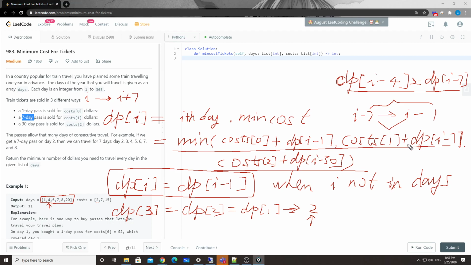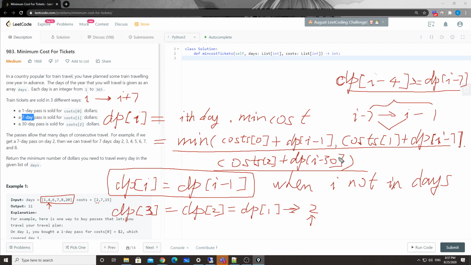So we don't have to consider I minus 4 or I minus 3 or I minus 2, since we're calculating the minimum value. That's why we only need to use DP I minus 7. There is a little bit of a greedy concept here. We're trying to get the bare minimum tickets that can cover the current I stay, for the daily pass, the weekly pass, and the monthly pass.